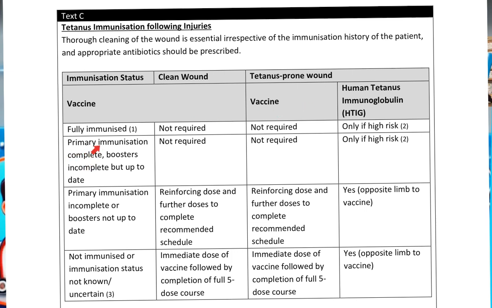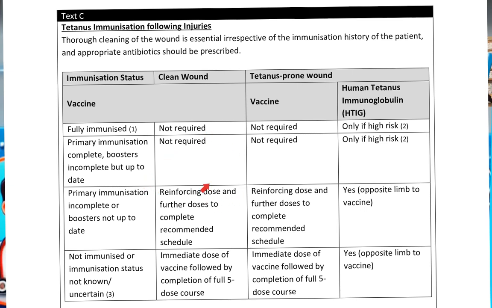And we can see over here, fully immunized, not required, and then primary immunization complete or booster dose, boosters incomplete but up to date, not required. Primary immunization incomplete or boosters not up to date: reinforcing dose and further doses to complete the recommended schedule.